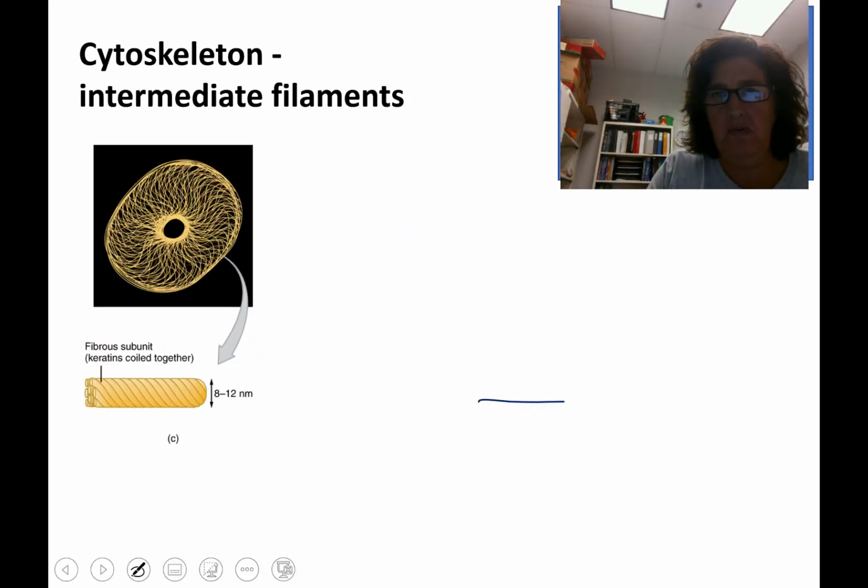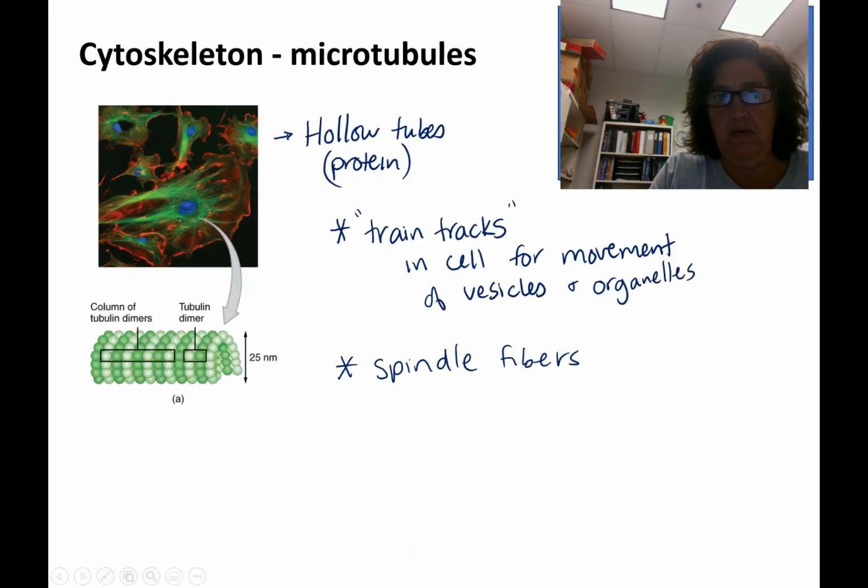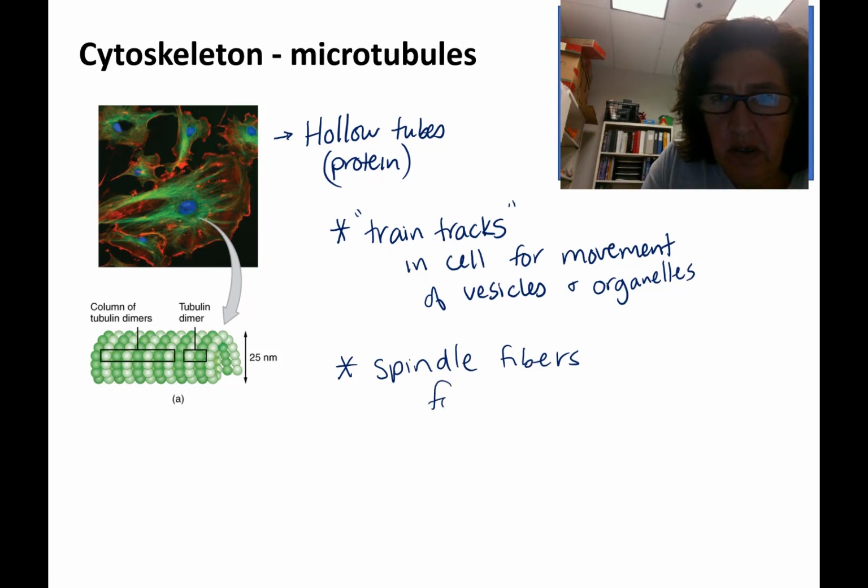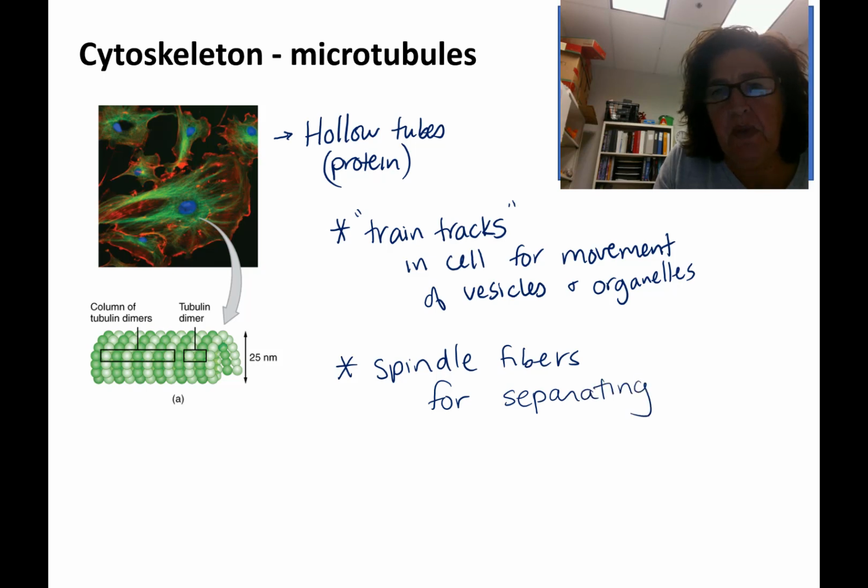Whoa. Okay, so spindle fibers for separating chromosomes during cell division.